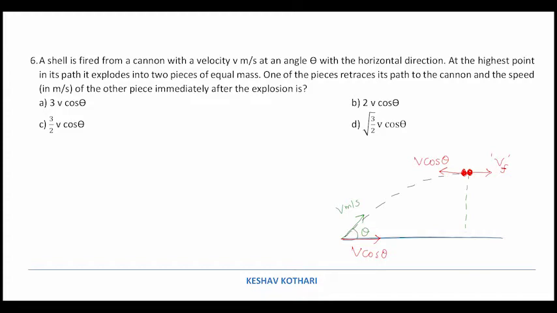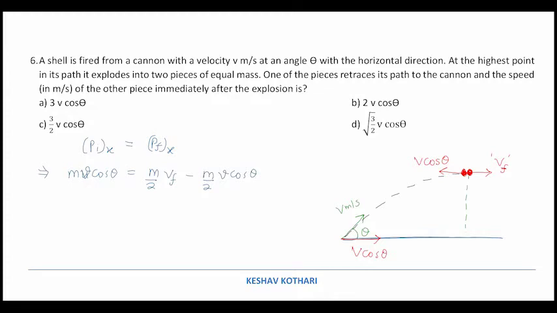If I apply momentum conservation along the x-axis direction, initial momentum along the x-axis is equal to final momentum along the x-axis. Initially it was equal to mv cos theta, and finally it will become m by 2 v final minus m by 2 v cos theta. So this can be written as v.